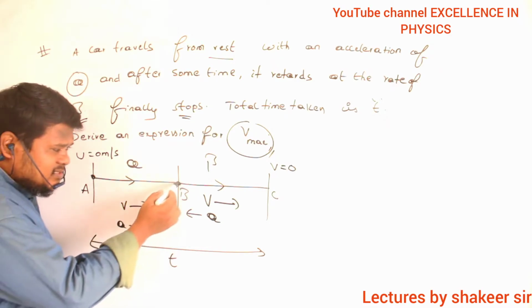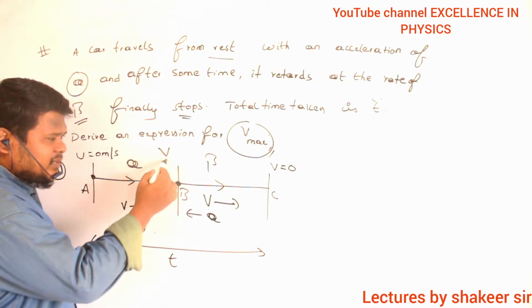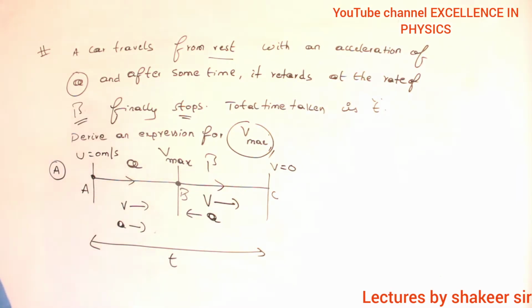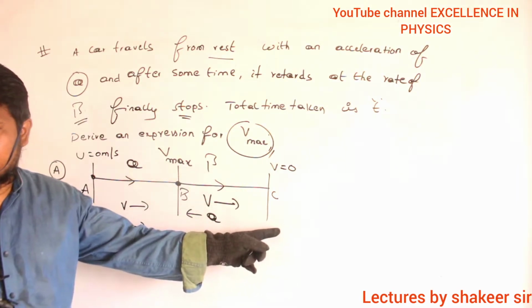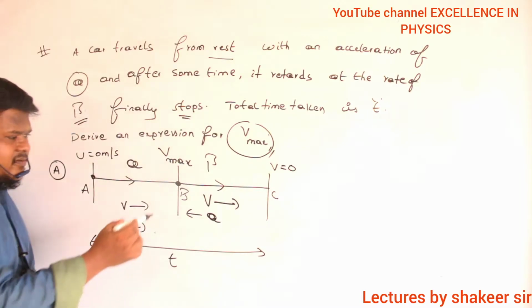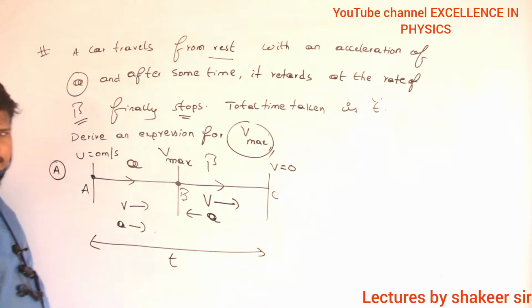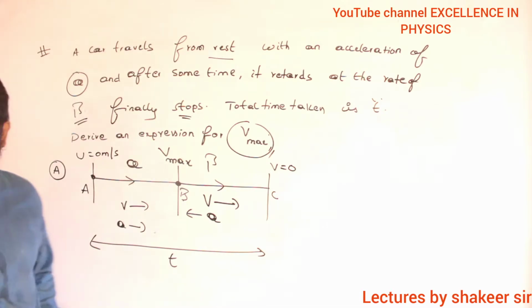So definitely I can say here the velocity will be maximum. And from here onwards, velocity continuously reduces. It means if I find the velocity at point B, that velocity will be the maximum velocity. Understood? Now can you say how I can do this calculation?